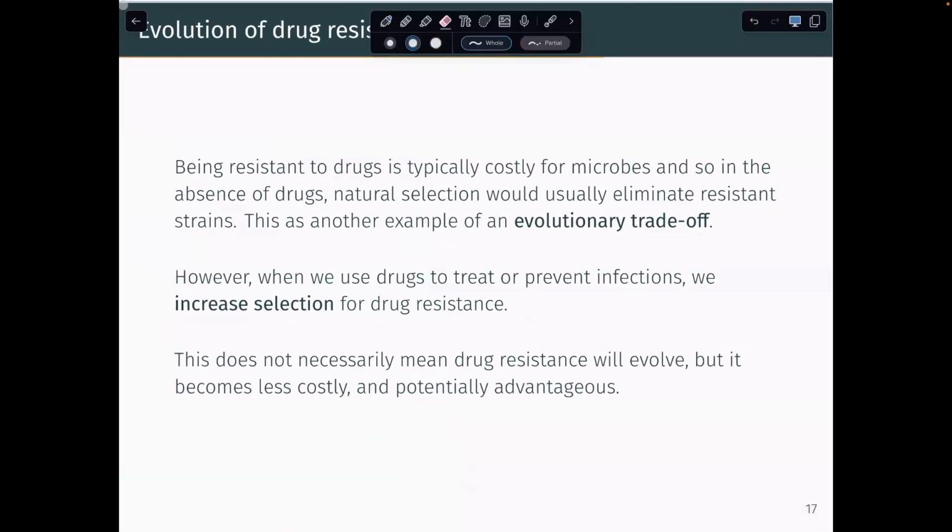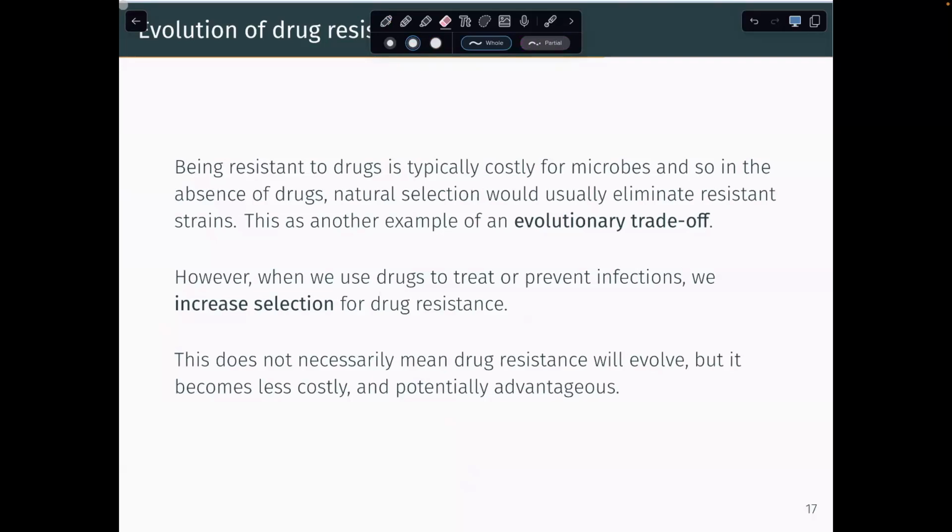One of the things is that drug resistance is typically costly. I talked about trade-offs in the context of transmission and virulence earlier, but there are other types of trade-offs. So why aren't all pathogens just resistant to drugs? Well, it might be that they need additional cellular machinery, like efflux pumps to pump out antimicrobials that they might take in. They might have to gain additional plasmids.